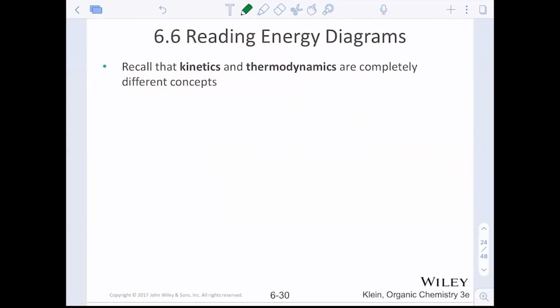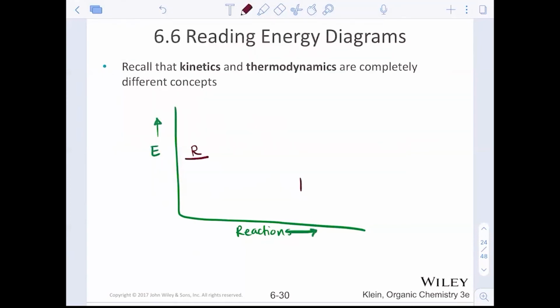All right, so again, overall, what did we just learn here? Or what did we just remember? There are a couple things when looking at a reaction coordinate diagram. Reactants to products. That's thermodynamics.